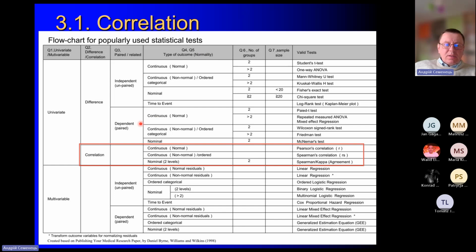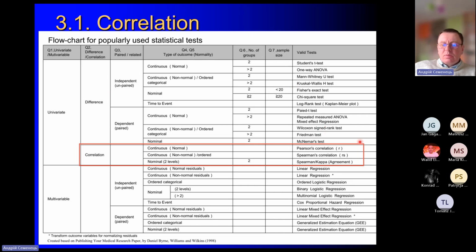Here are those types of variables like continuous, nominal, and so on. Then again, depending on the number of variables and groups, at the right side are listed all available tests, including some tests you are already aware of from when I was talking about hypothesis testing, those sets above.